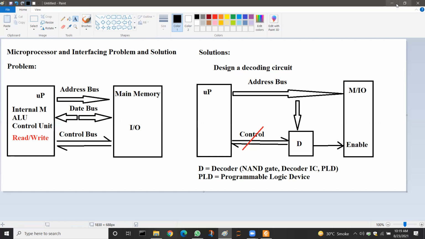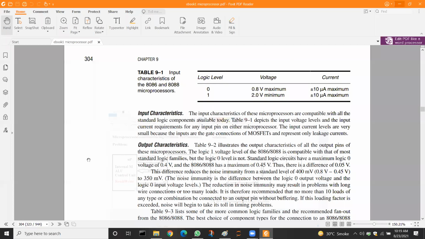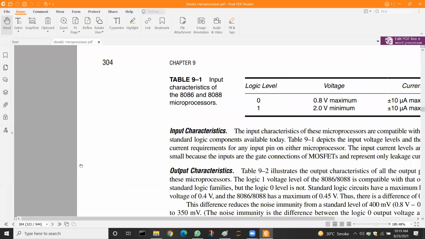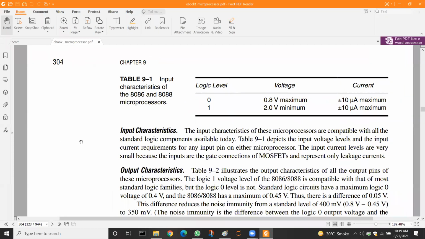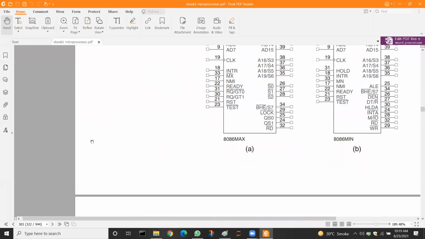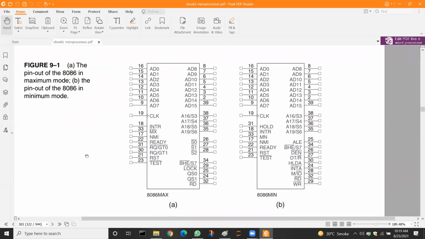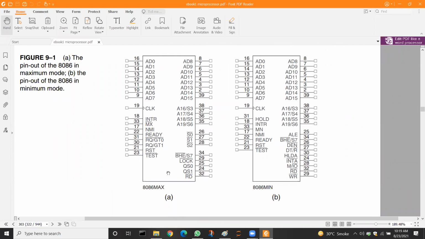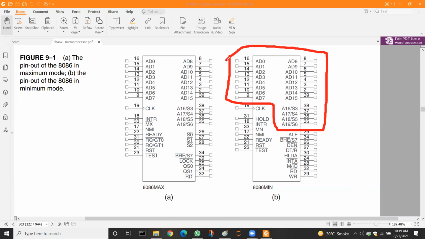Then we go towards the book and see the pinouts of the microprocessor. In this diagram, we have identified that there are address pins and data pins are also multiplexed.